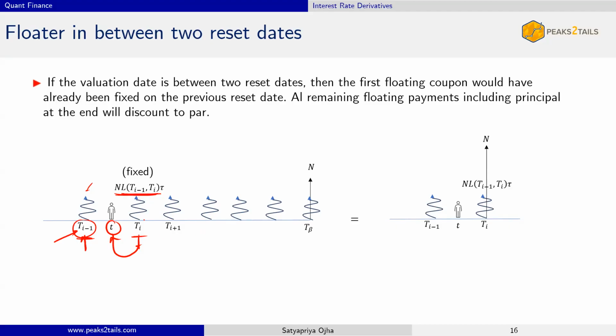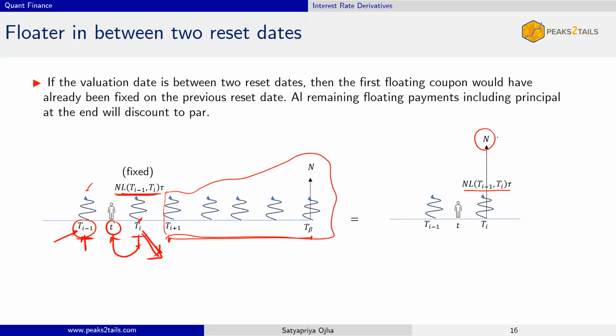I know that at this point, which is a reset date, from here to here, this entire thing will be converted to N. Look at this picture. This remains at Ti. Everything else beyond Ti, starting from this cash flow all the way, this entire whole infrastructure discounts to N at this point, at Ti.